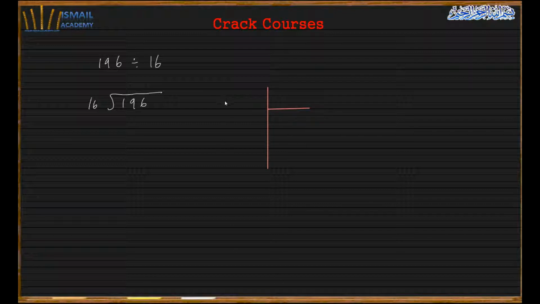So 196 and 16, and we are going to use the multiplication form. So here we have 196, and here we have 16.